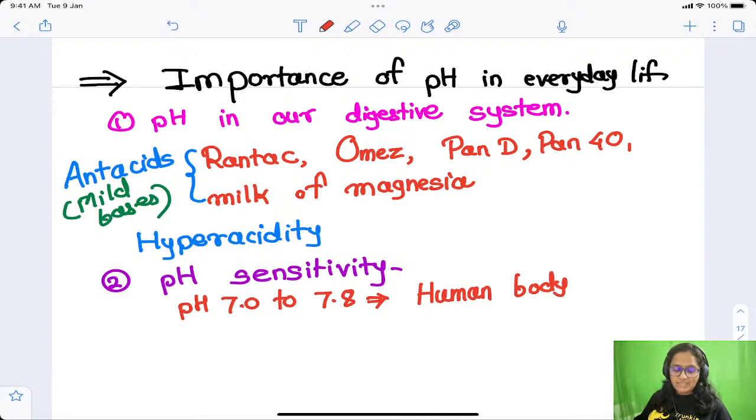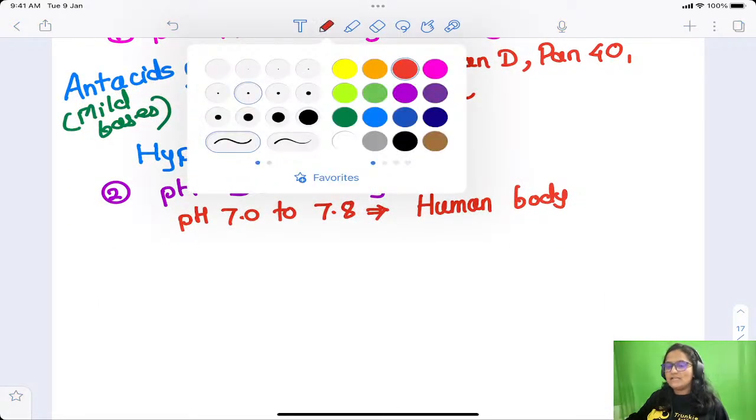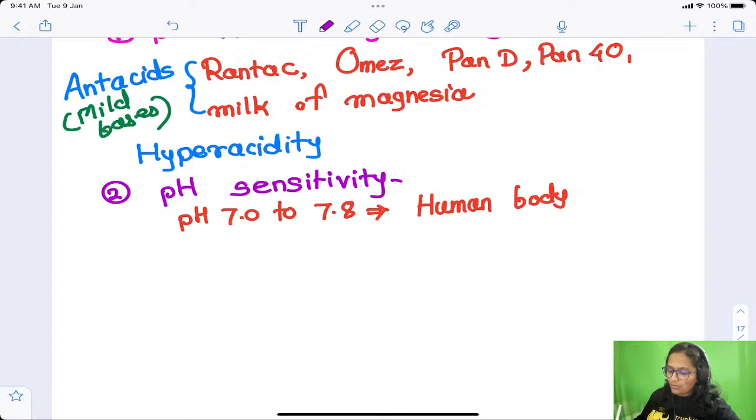If there is any change in the pH, if pH is increased or decreased, then animals as well as plants are very sensitive to it. For example, acid rain.